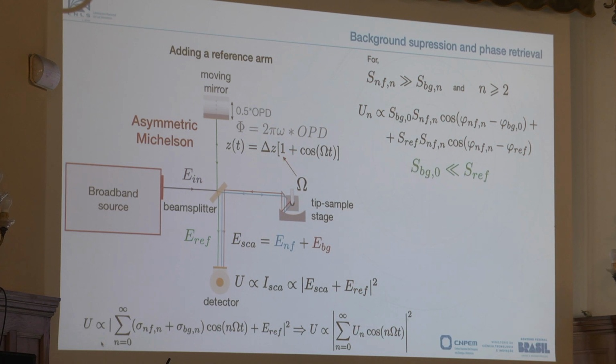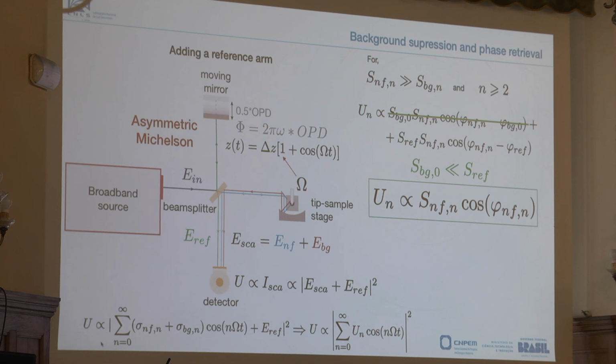And if we have this reference being stronger than the background that we have from the confocal volume from the tip stage, we can rule this part out, and now we have a signal that is no longer mixed with the background. It's actually a signal that depends on the phase of the reference and the phase of the near field. So interferometric detection enables this complete background suppression when combined with higher harmonics demodulation.